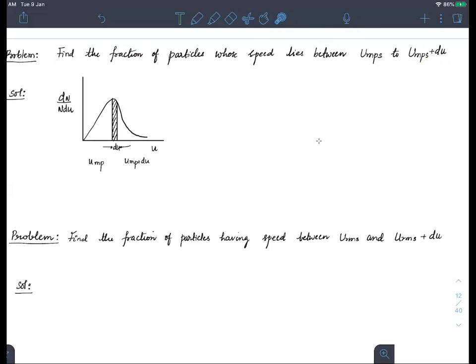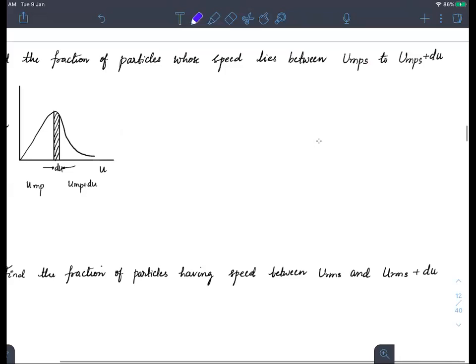This year it was made even more complex by adding a fraction here. I'll show you one of the questions like that. Check out what it is. dn by n, what we know by the formula, is 4 pi times m by 2 pi RT raised to the power of 3 by 2. Okay.